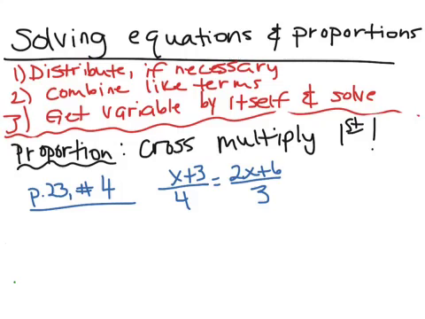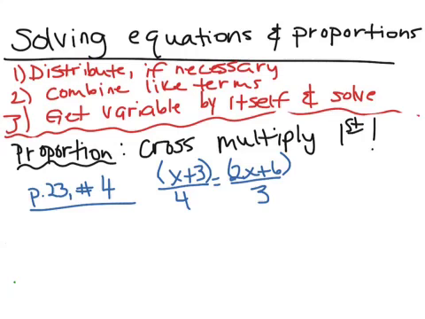Now looking at page 23, number 4. If I want to solve a proportion, I solve this just like I would an equation, but with one additional step. And that one additional step is that first you have to cross multiply. In both numerators, you have 2 terms up there, so we're going to put them in parentheses to make sure we cross multiply correctly.